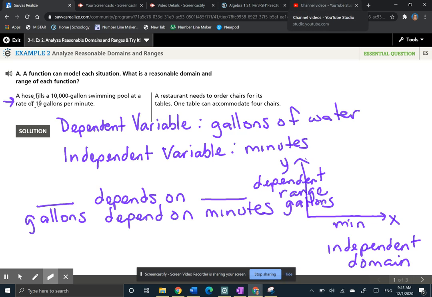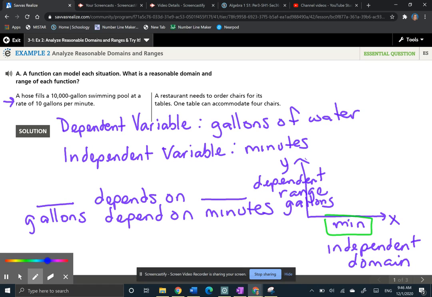Okay, so now that I know that, a reasonable domain. So this is my domain, the minutes. It says, what is a reasonable domain? So think about it like this. Can I have negative minutes? Well, the answer to that is no, I can't have negative minutes. So what is the least amount of minutes that I can have?